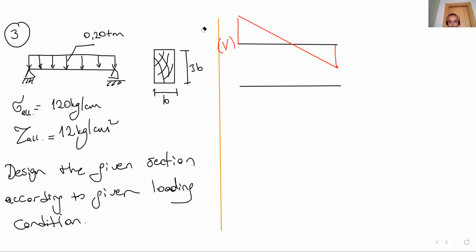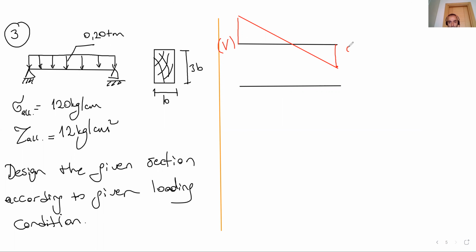Let's calculate the value, the maximum shear or support reaction will occur at the support. So these support reactions are a kind of shear force on the beam.